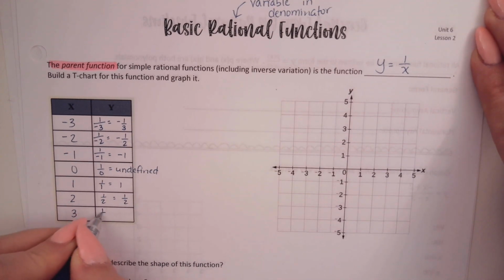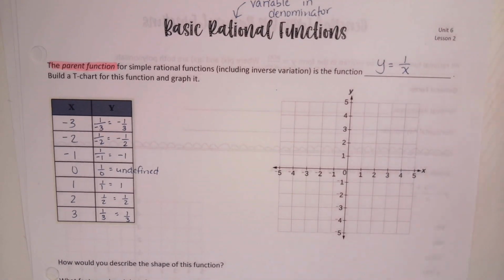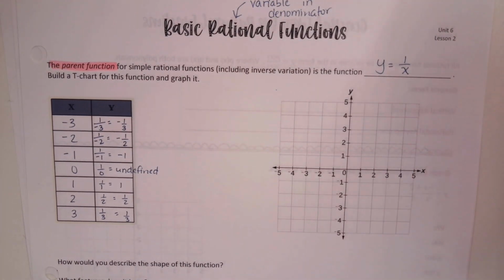And 1 divided by 3 is, excuse me, 1/3. Okay, so we've got ourselves 7 points that we can graph.